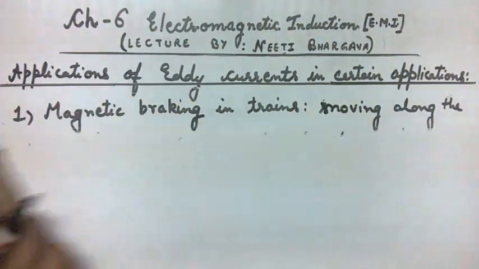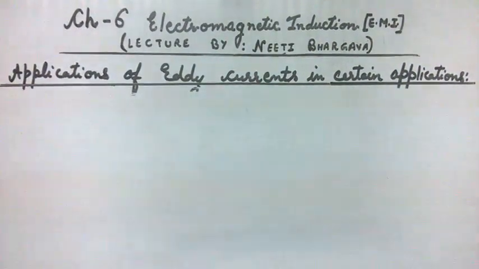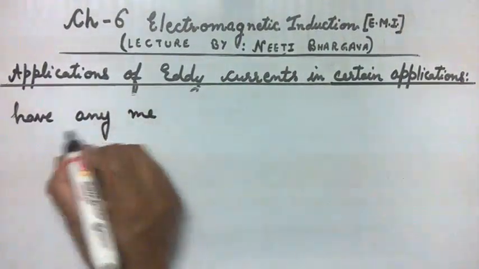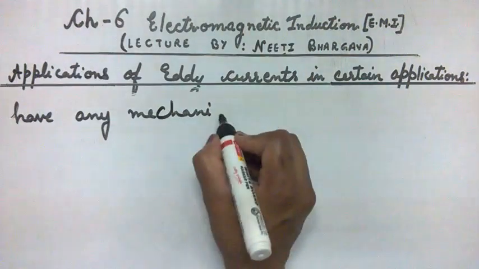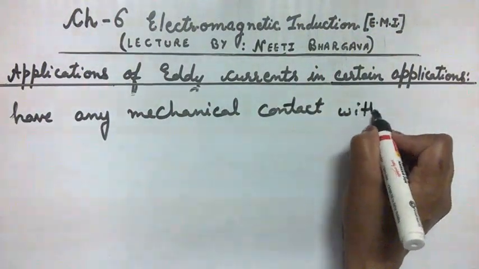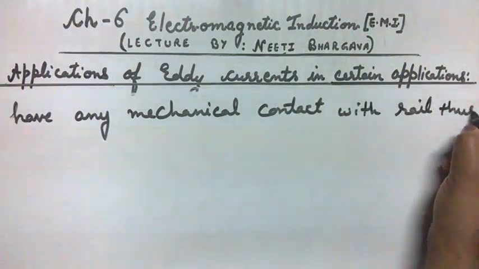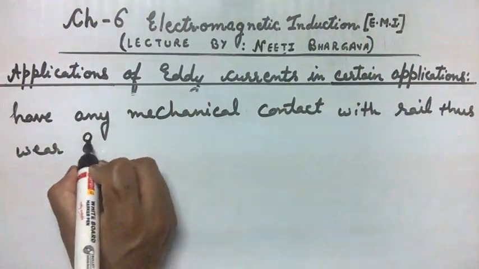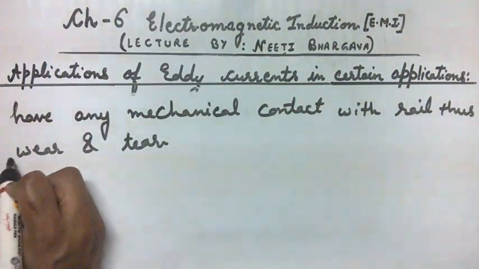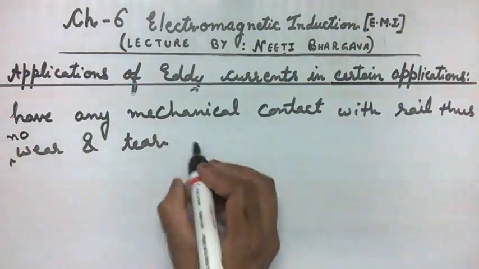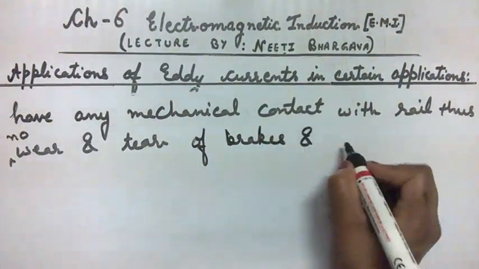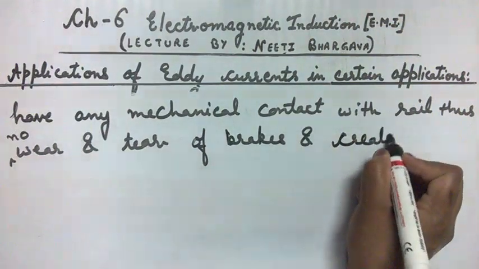It does not have any mechanical linkage or contact with the rail, thus no wear and tear, no loss in brakes, thus no wear and tear of brakes, and it creates no noise.